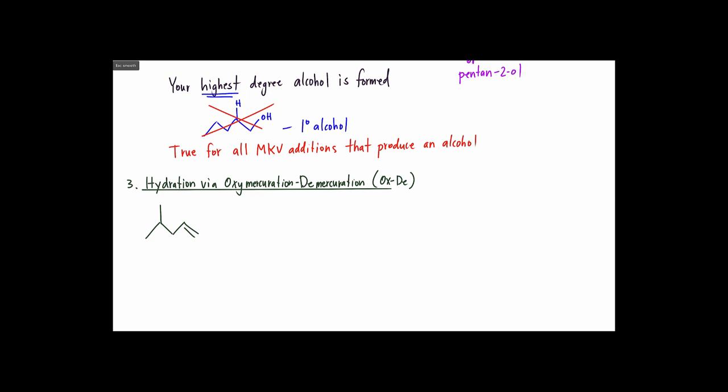So what happens with this, we have what we call HgOAc in water and sodium borohydride. Okay, so this is mercuric acetate.